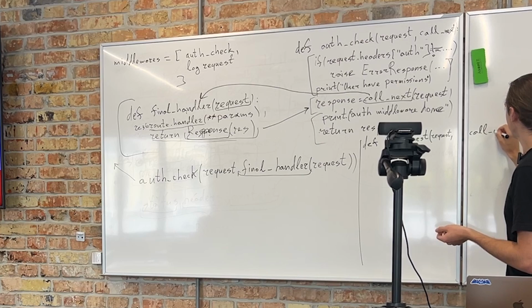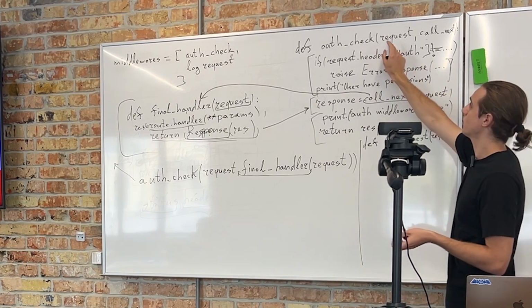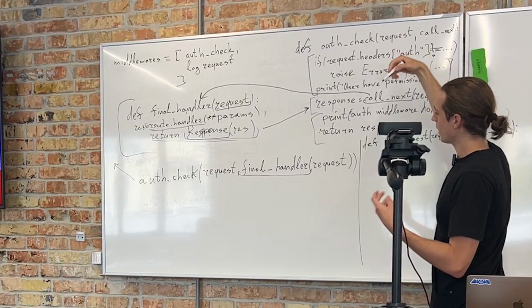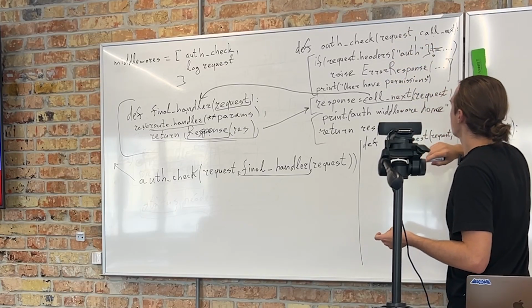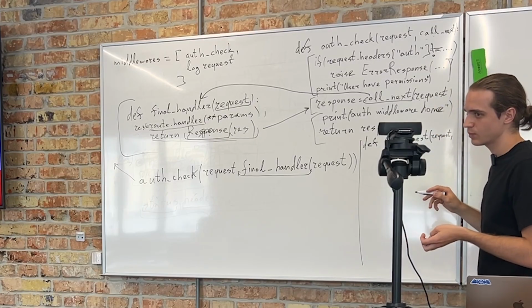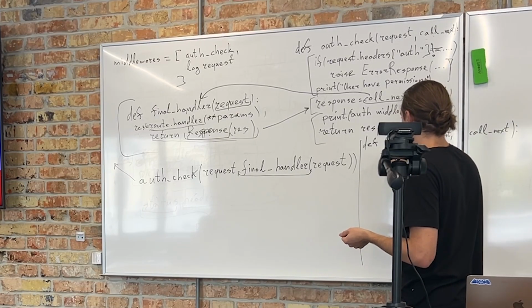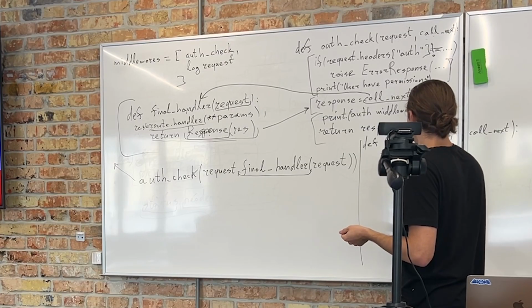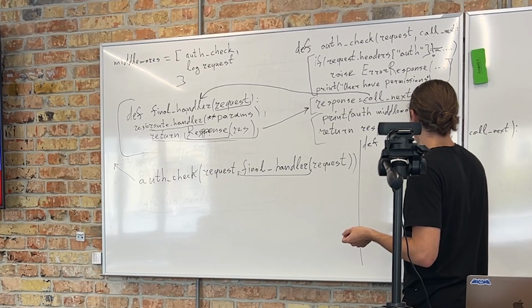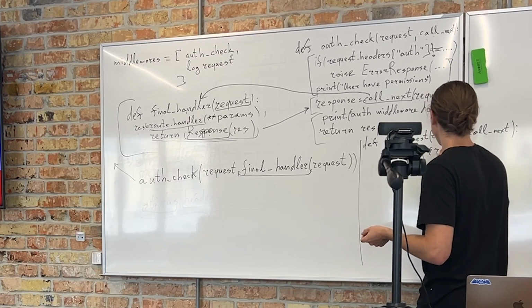So all middlewares have the same structure. We have a request as a parameter, and we have a function that you need to call that will have a request as a parameter. In log request, for example, we are printing some log request.